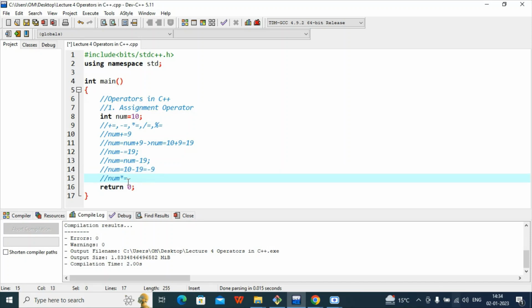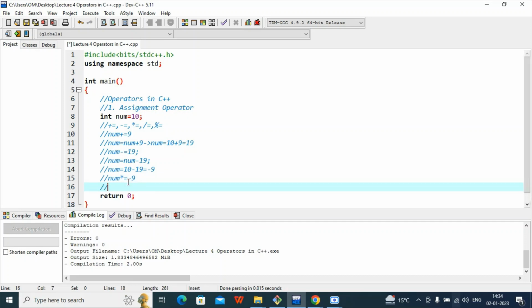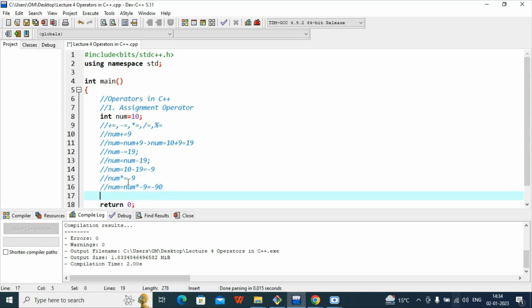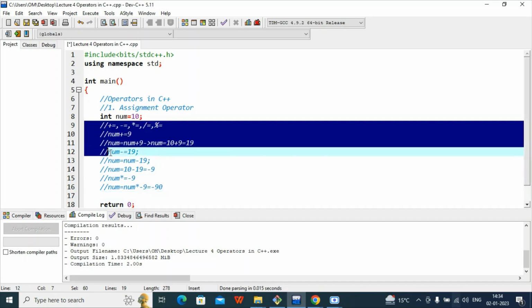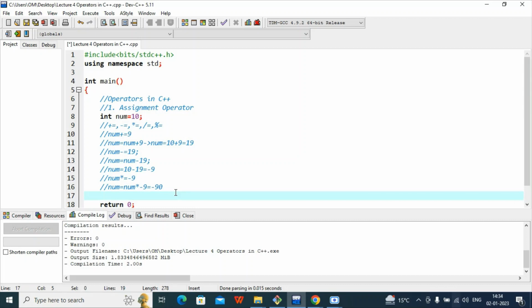Then how will you expand it? Num equals to num multiply minus 9. Then what you will get? Num is your 10. 10 into minus 9 is minus 90, right? I have taught you this topic previously. That's why I am just moving very simply, one by one operator, very fast, right?